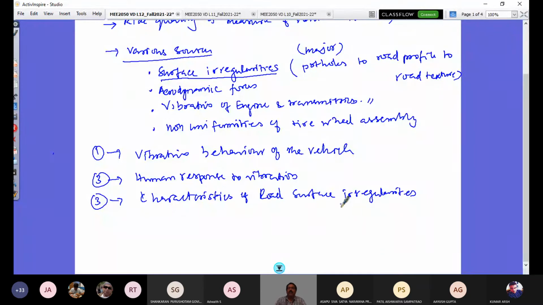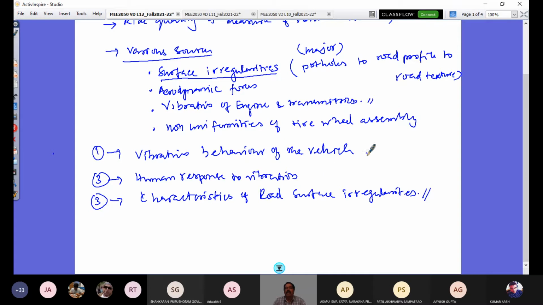Right? So the characteristics of road surfaces are important because they are random in nature. The road surface has excitation in a wide frequency range, and the profile is random in nature. The texture of the road is random in nature. So how are you going to estimate the input that comes from the road in a real-time situation is another important task.